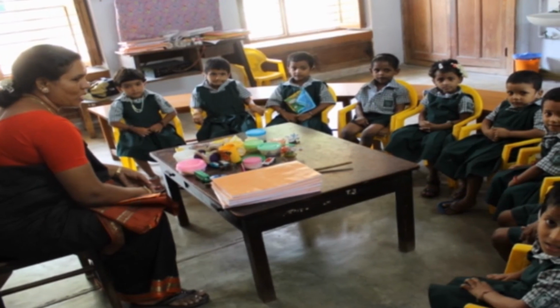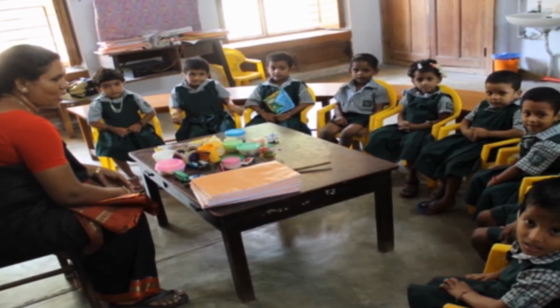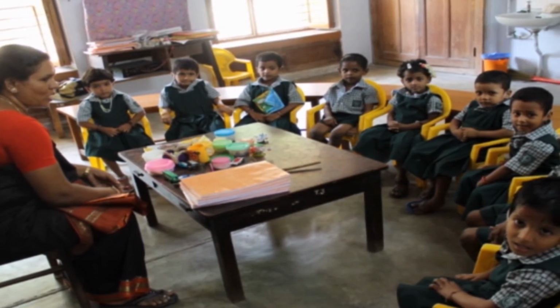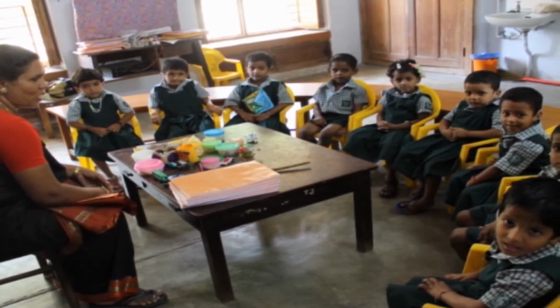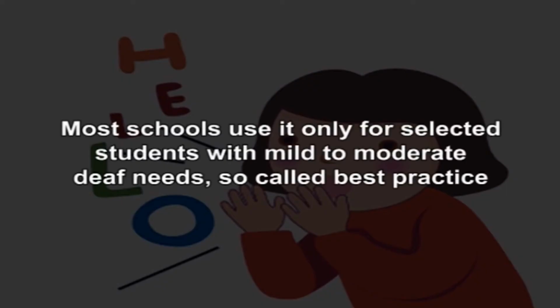This type of education: the hearing impaired children are placed in classrooms with hearing persons so that they improve in skills and get knowledge. Most schools use it only for selected students with mild to moderate deaf needs, so-called best practice.